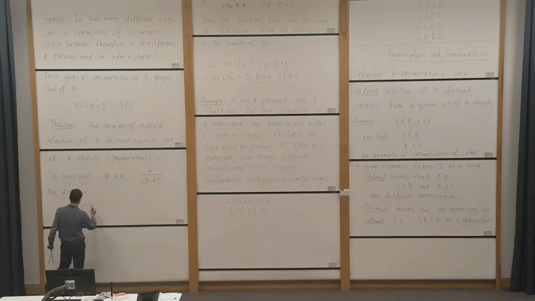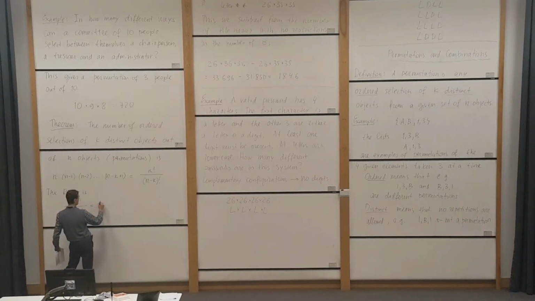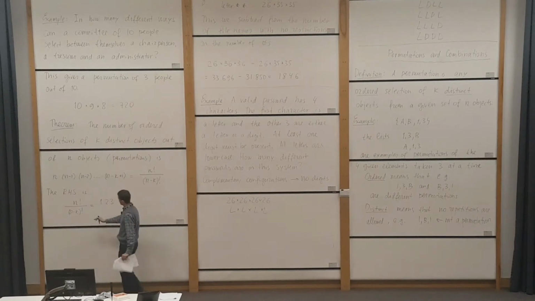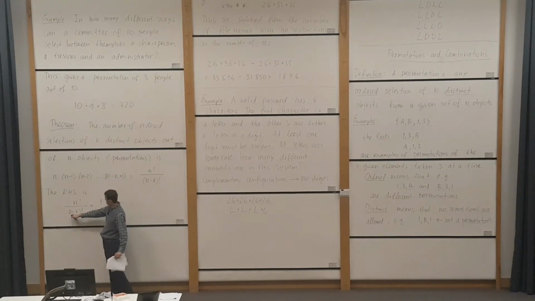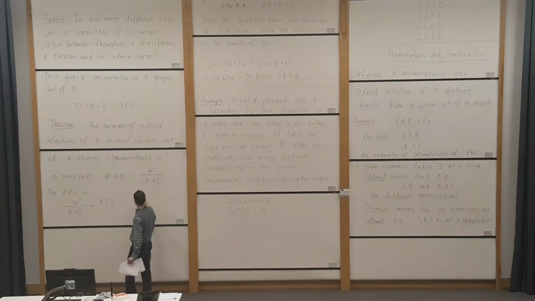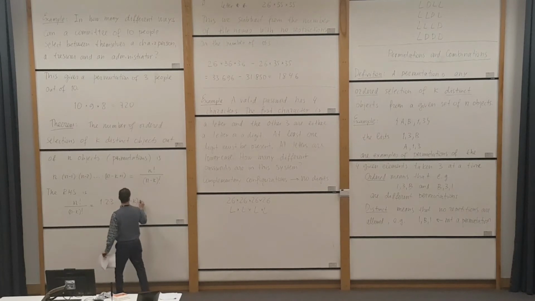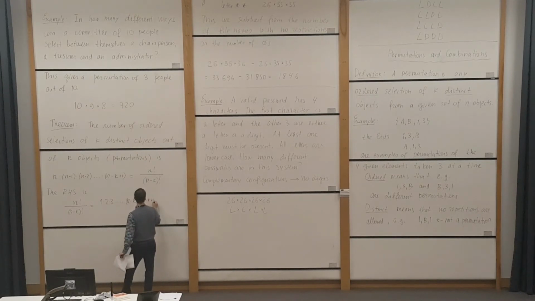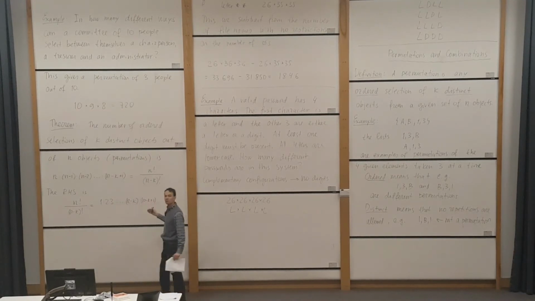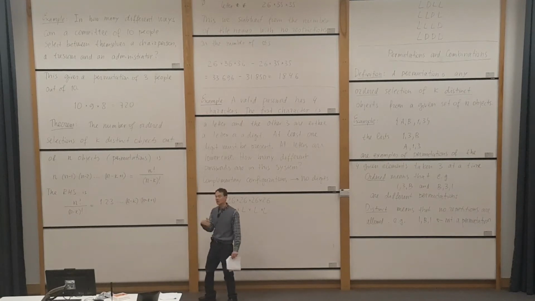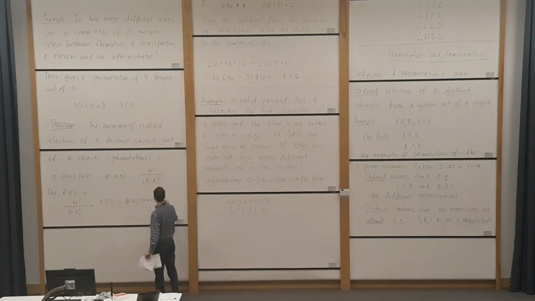And we can write the numerator as a product, 1 times 2 times 3 times dot dot dot, and somewhere before the final factor of n, there will be n minus k, and then followed by n minus k plus 1, n minus k plus 2, and so on, up to n minus k plus k, which is n. Right?